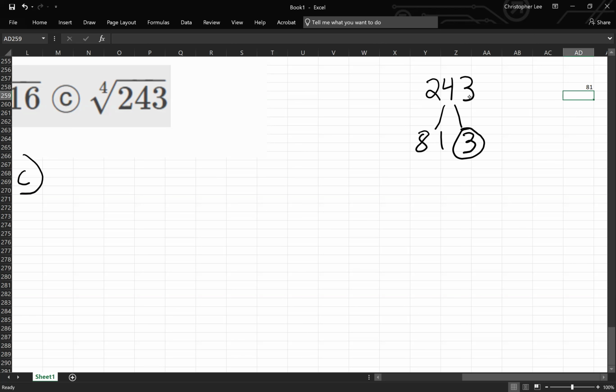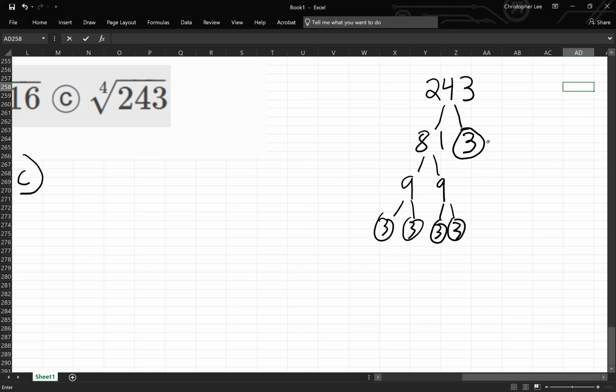And as soon as I saw 81, I'm done because I already know 81 is just 9 times 9, and then 9 is just 3 times 3. Okay, now here's the hard part. I want you to count how many threes we have circled here.